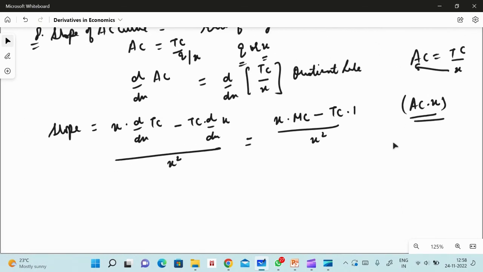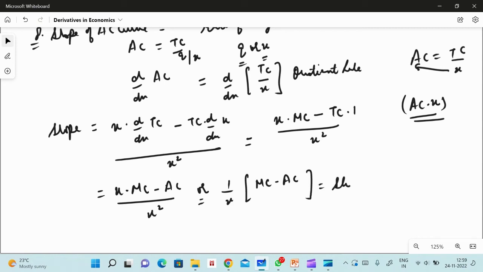So in the next step, what we will write is x into marginal cost minus average cost, divided by x square, or I can write it like this: 1 upon x into (marginal cost minus average cost). So this is equal to the slope of the average cost curve.